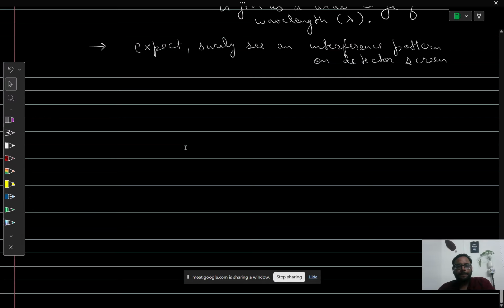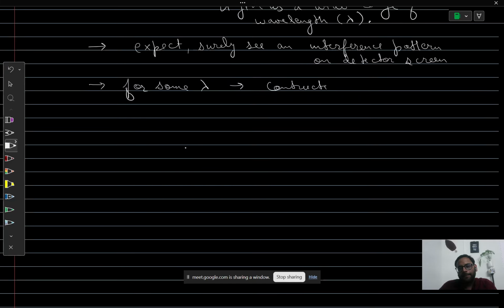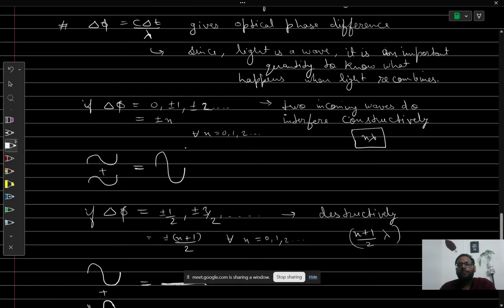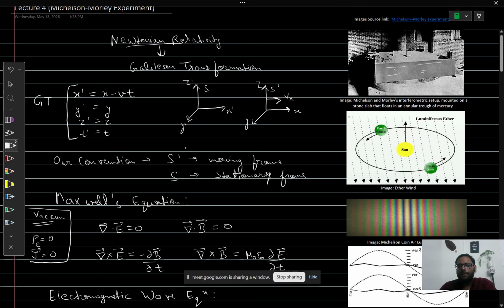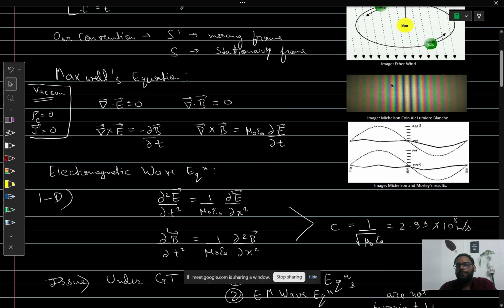Of course for some lambda we will see constructive interference because we have all values of lambda. For some lambda we will see destructive interference, and similar to this, they have actually observed fringes.